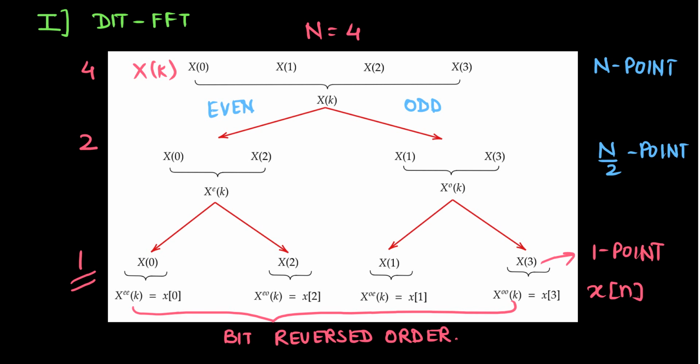But here we are getting this x of n and not X of k, whereas we require this X of k to be obtained from this sequence, that is x of n, and therefore we require some kind of back tracing.